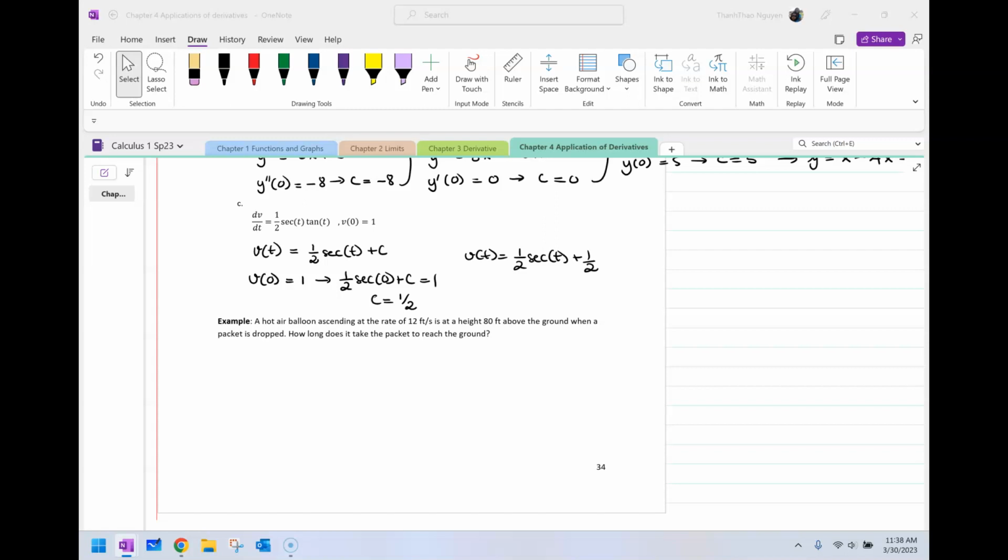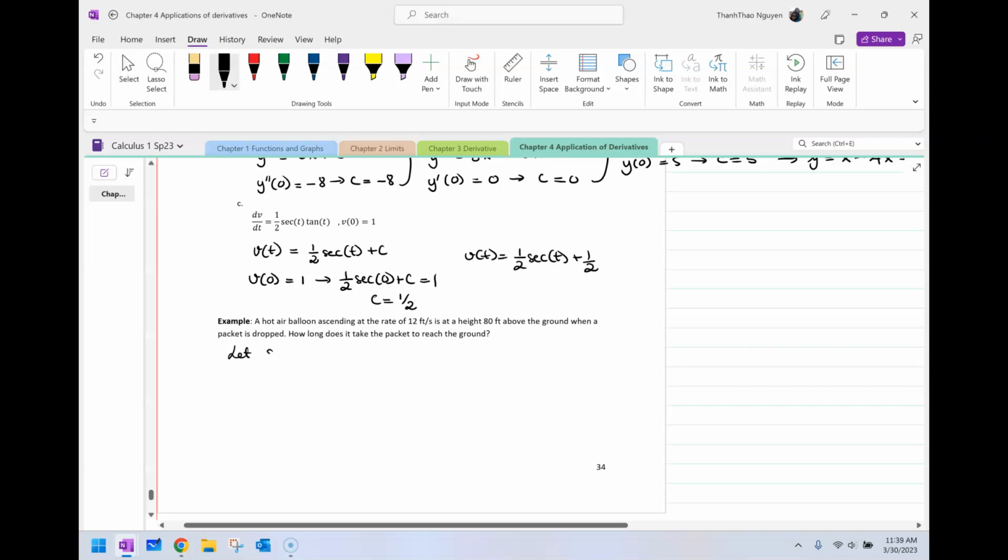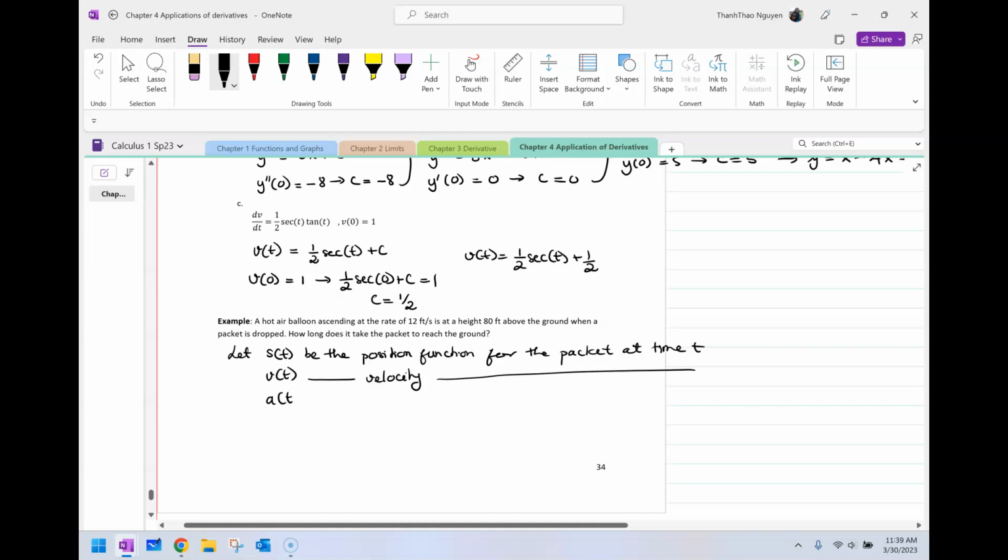So here, we let s of t be the position function for the packet at time t, v of t be the velocity function for the packet at time t, and a of t be the acceleration function for the packet at time t.